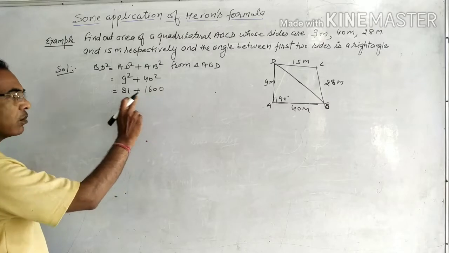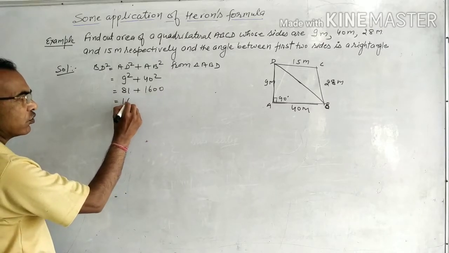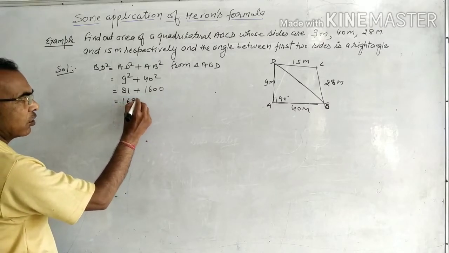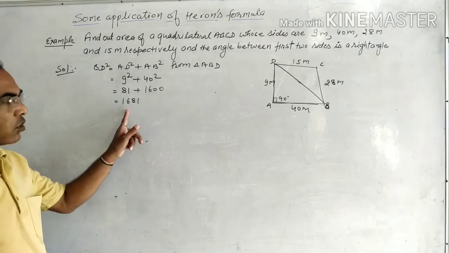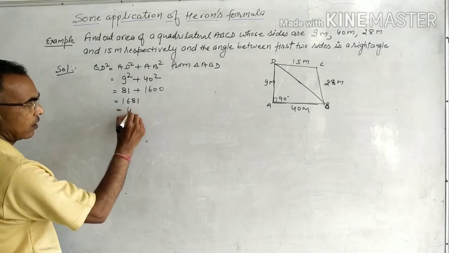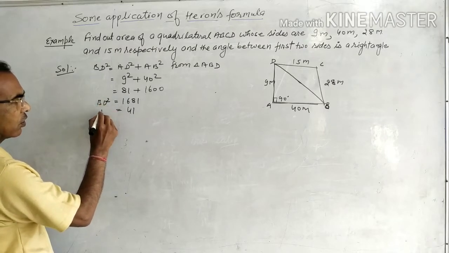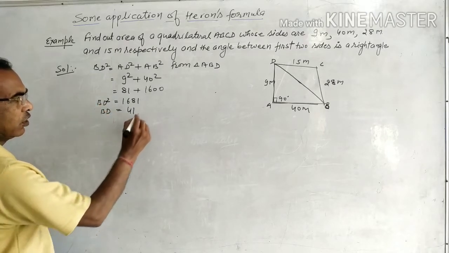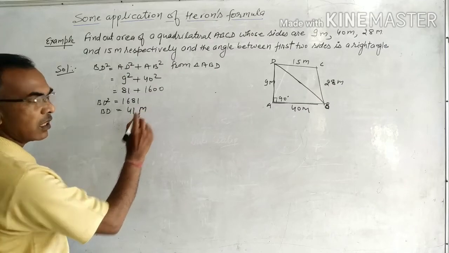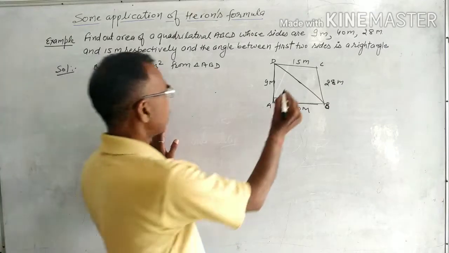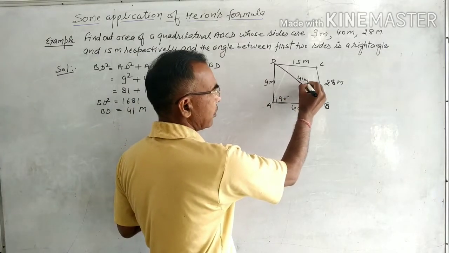The sum of 1600 plus 81 is 1681. This number is the square of 41. This is BD square, this length is BD. Unit meter. We find the diagonal BD is 41 meter.